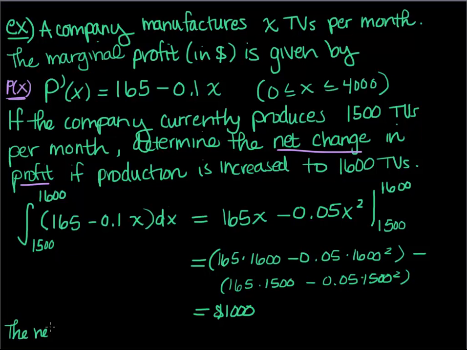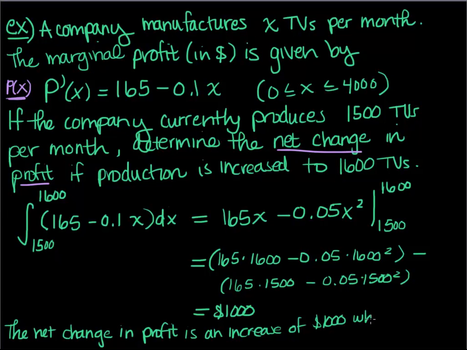The net change in profit is an increase of $1,000 when production increases to 1,600.